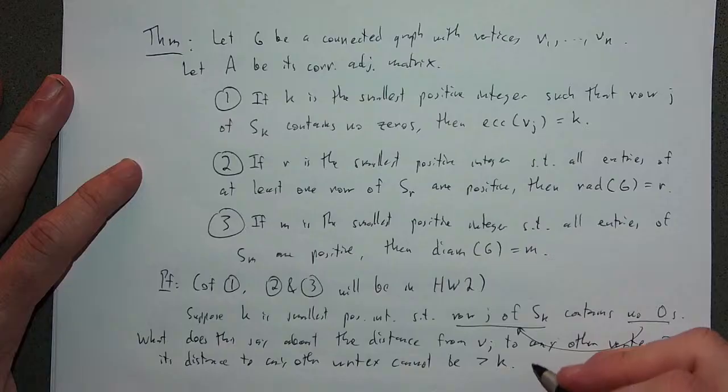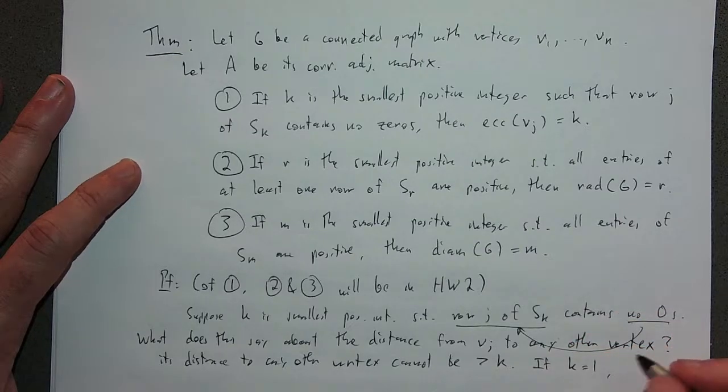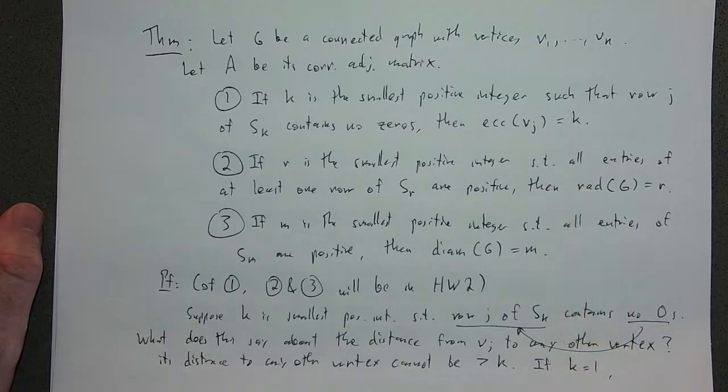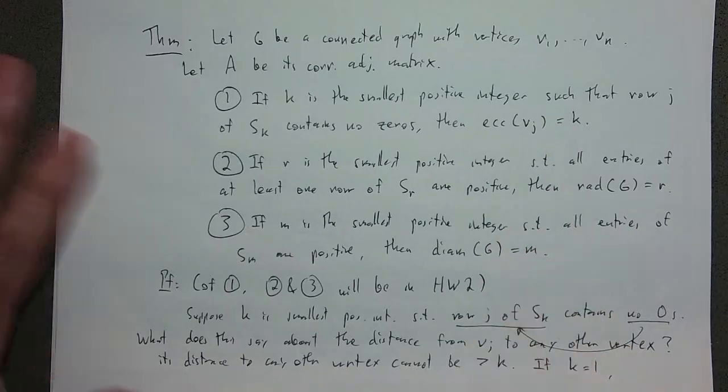Of course, if k is equal to 1, the result follows immediately: the eccentricity would have to be just one.